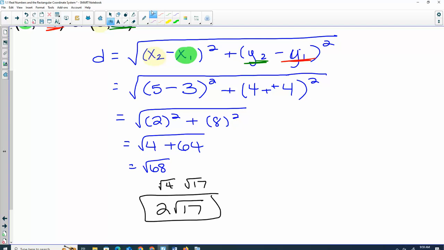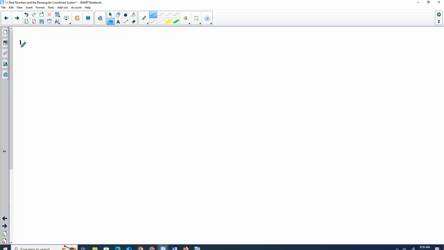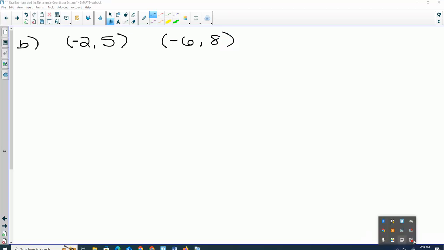Alright. You guys are not building my confidence there. I want you guys to try one. Find the distance between those 2 points. You dropped a negative when you wrote down your problem.